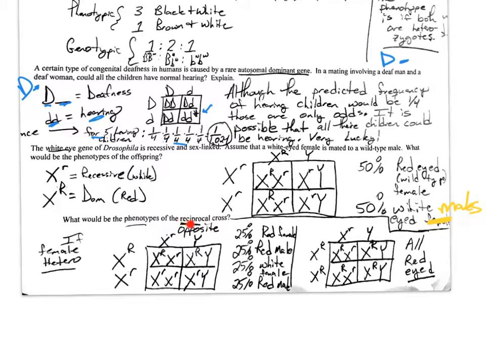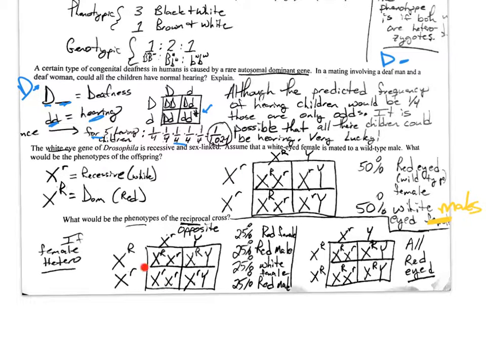What would be the phenotypes of the reciprocal cross? Reciprocal, I told you during the test, means opposite. So instead of a white-eyed female, you have a red-eyed female. Instead of a red-eyed father, you have a white-eyed father. When you do that, what do you see?